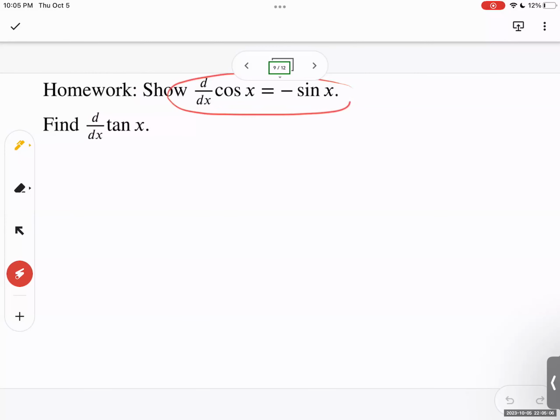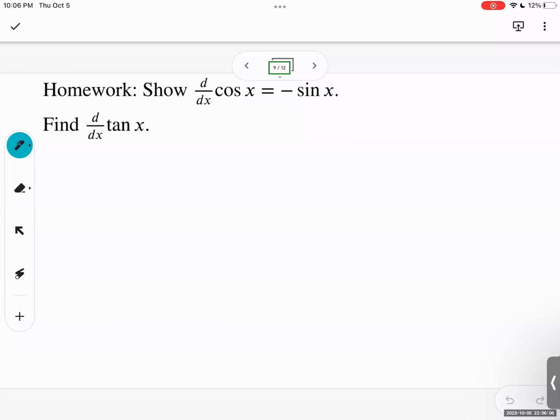So you're going to show that for homework. Just follow the same steps for finding the calculations for sine x. So now we're going to use the derivative of sine x is cosine x. The derivative of cosine x is negative sine x to find the derivative of tangent x.